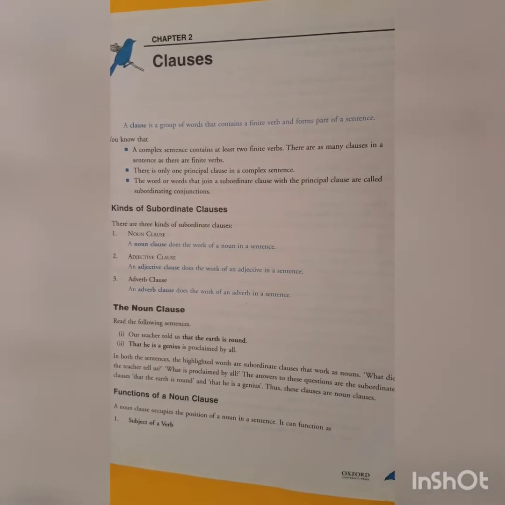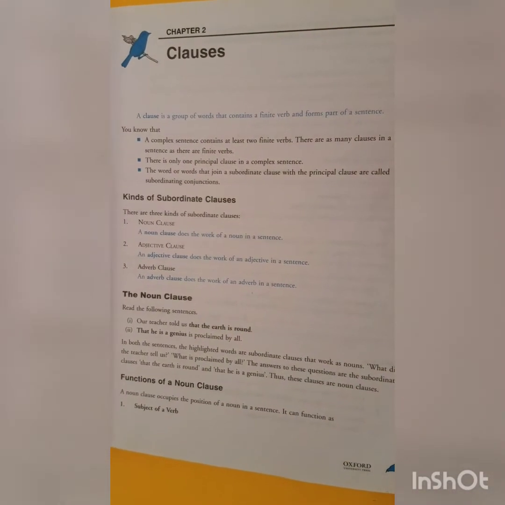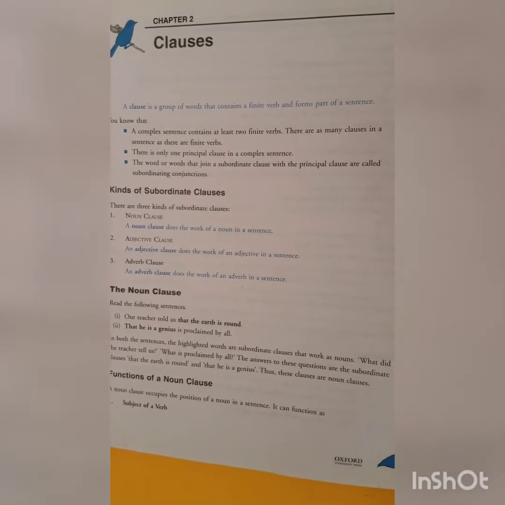The topic is, as we have mentioned already, clauses. You remember the last time we did sentences and their types. In that, partially we had made it clear the difference between a clause and a sentence.